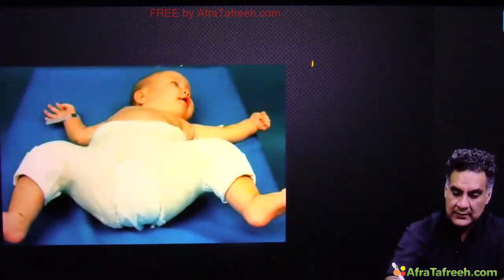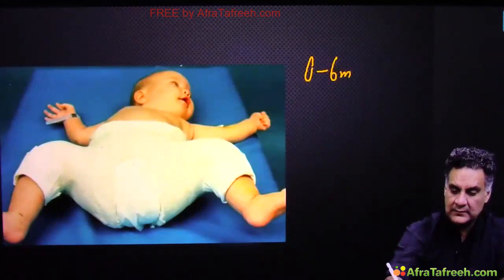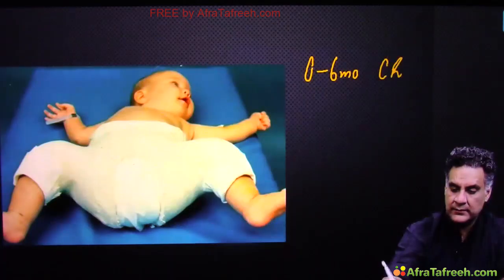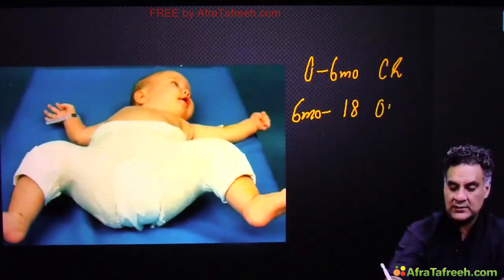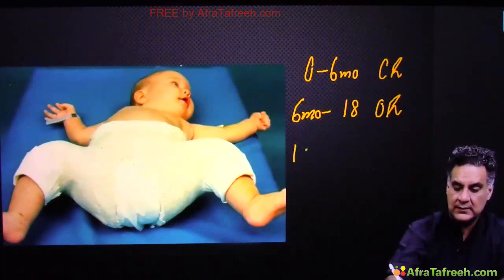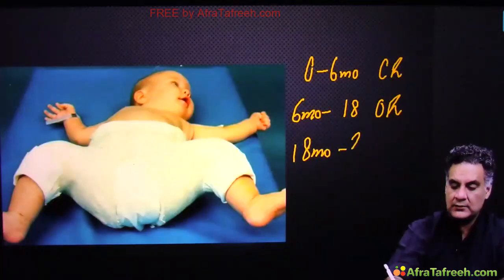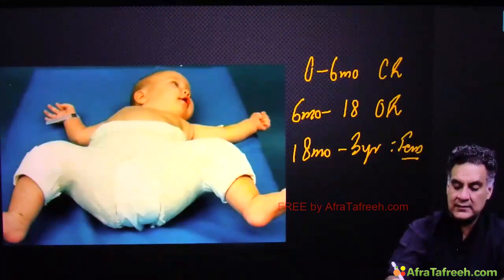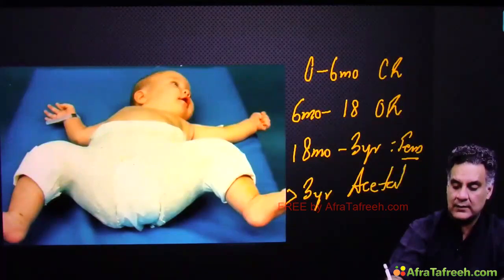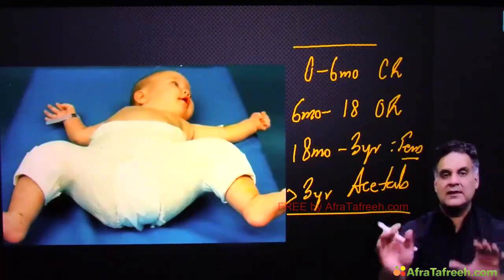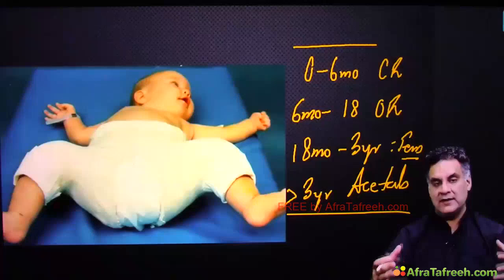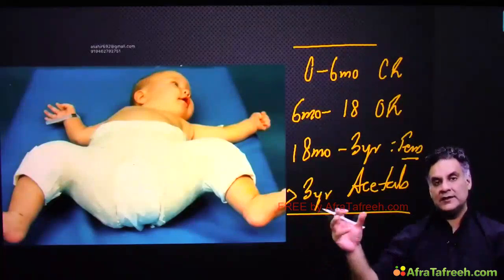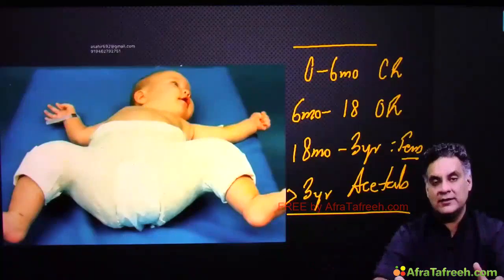In DDH, 0 to 6 months, closed reduction. 6 months to 18 months, because there are a lot of structures inside, open reduction. 18 months to 3 years, you will correct the femur and take it inside. More than 3 years, you will reconstruct the acetabulum. So when you have to reconstruct, you need to identify where the acetabulum is, take the head there, and if required, reconstruct.